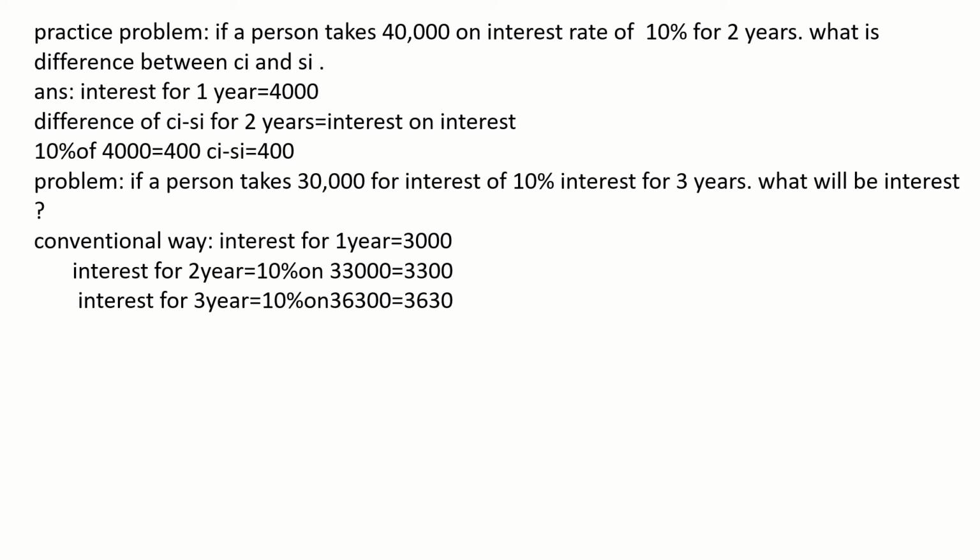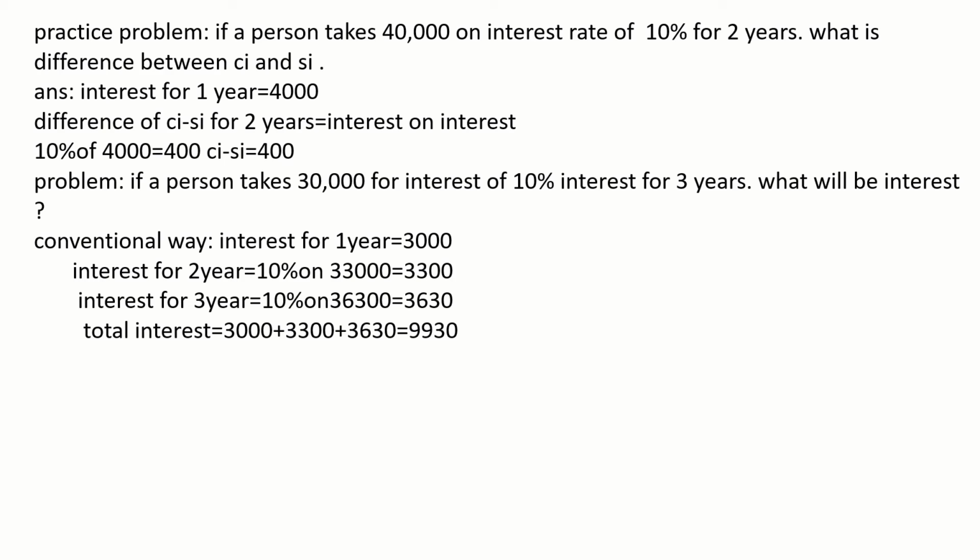For the third year we add 33,000 plus 3,300, that is 36,300. We calculate 10% interest on this, so we get 3,630. So overall interest is 9,930 rupees. This is the conventional way of solving.